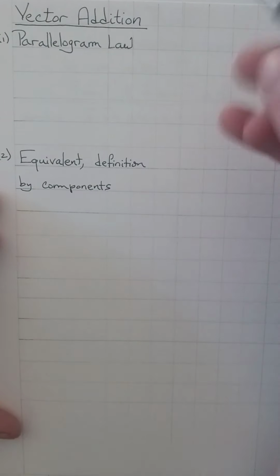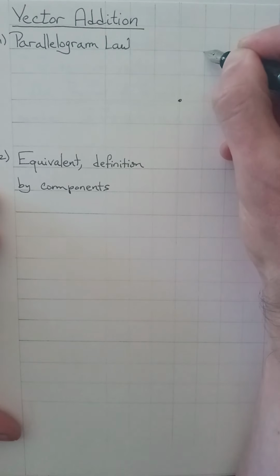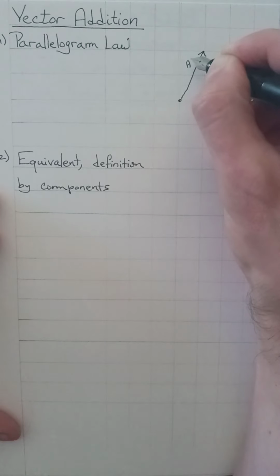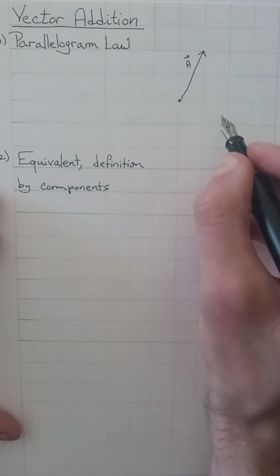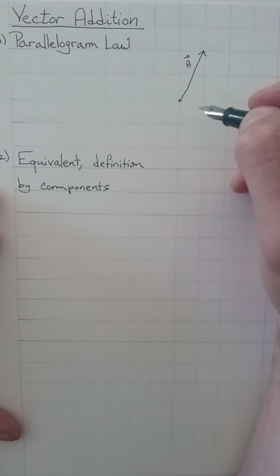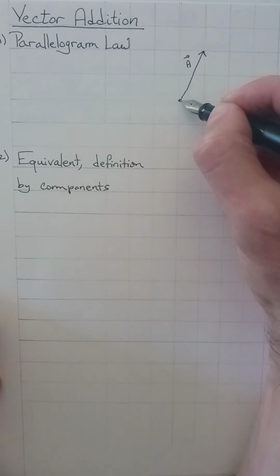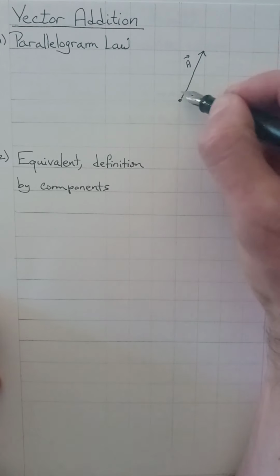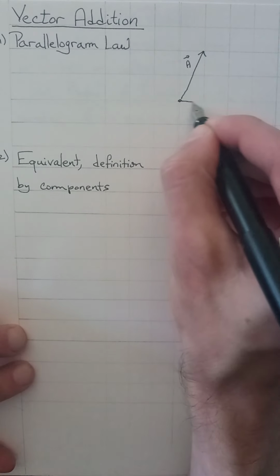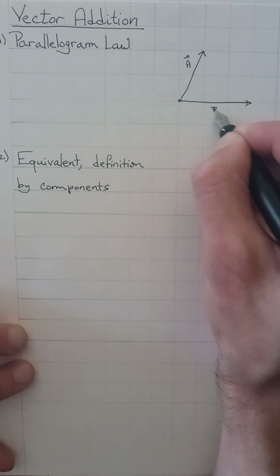You can indicate a vector geometrically because it's an arrow. In physics, almost everything's a vector. So displacement from point 1 to point 2, that'd be a vector. And we have another displacement from point 1 to point 3, that's another vector.